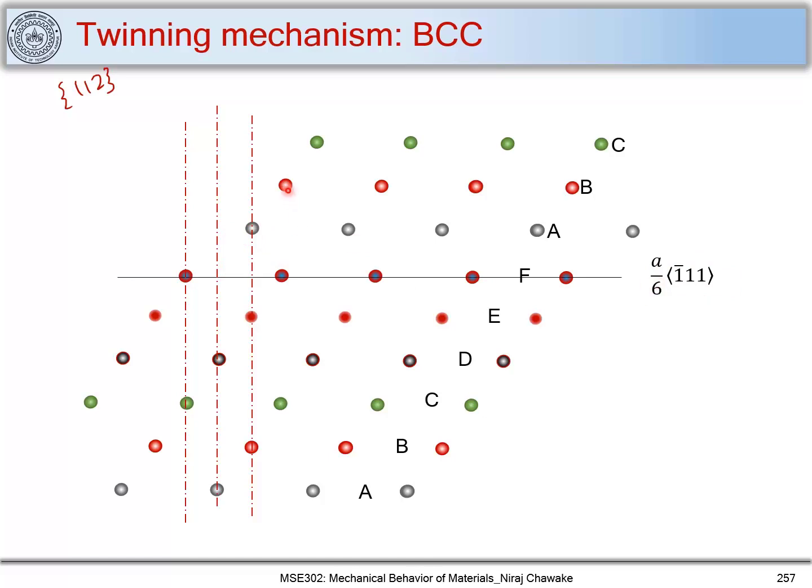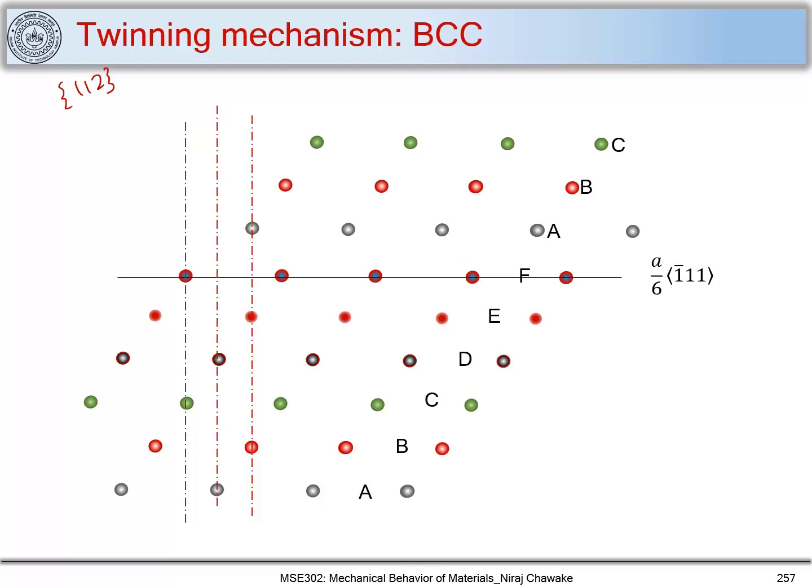Now when you want to form a twin, we can move this B layer and C layer by one more unit, that is a/6 [-1 1 1] type, and the last step will be you move the C layer by another unit of a/6 [-1 1 1] type, and thus we can get twinning.